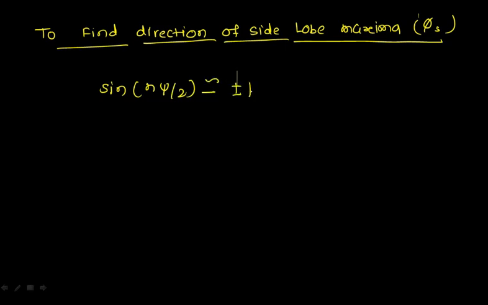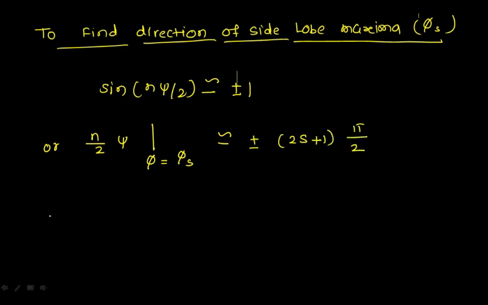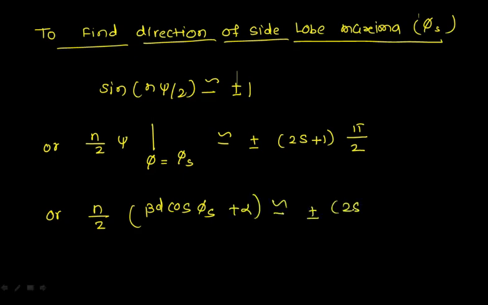Okay, or you can write this as n by 2 psi, where psi is psi s, which is plus minus 2s plus 1 pi by 2. Or you can write n by 2 into beta d cos phi s plus alpha equals plus minus 2s plus 1 pi by 2.